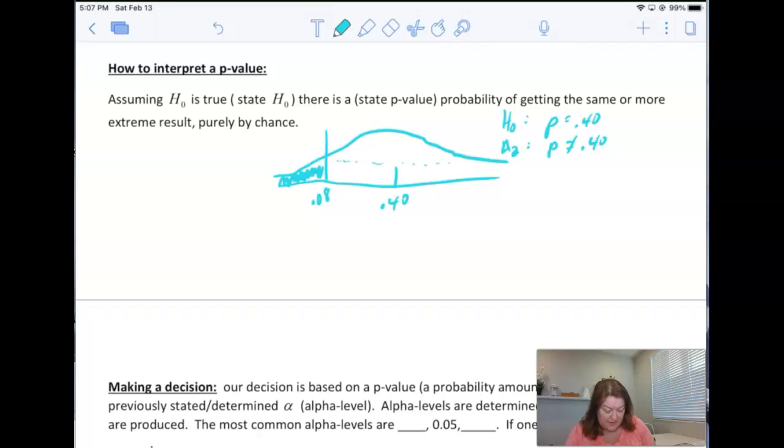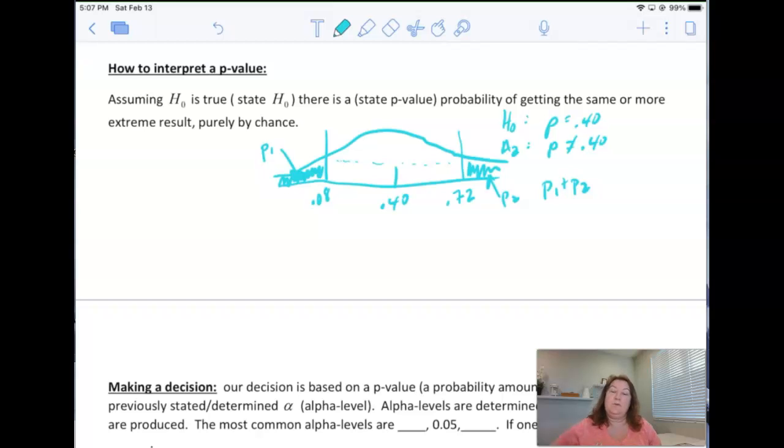So I'm 32 away, so the other side would be 72 away. So I'd be adding up probability 1 plus probability 2, and that equals, right? So this is how weird it is for me to get an example like 8% when you're saying the real true proportion is 40%.